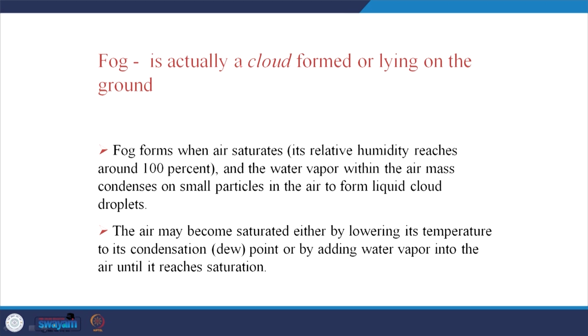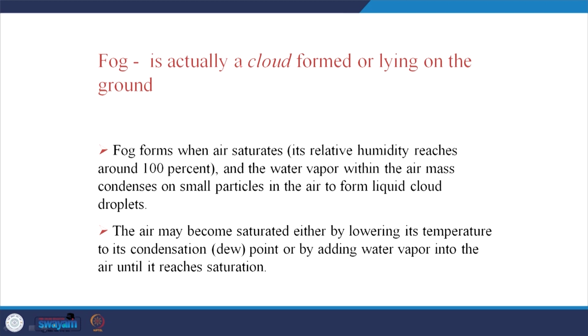The air may become saturated either by lowering its temperature to the condensation point, or by physically adding more moisture. You can do both of them, but generally adding more moisture is not the mechanism that works. Generally, when the air parcel rises, its temperature decreases because it is within the troposphere, right.